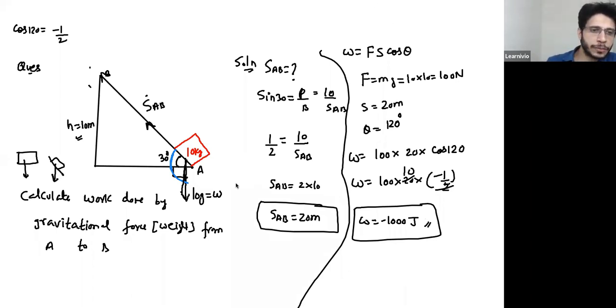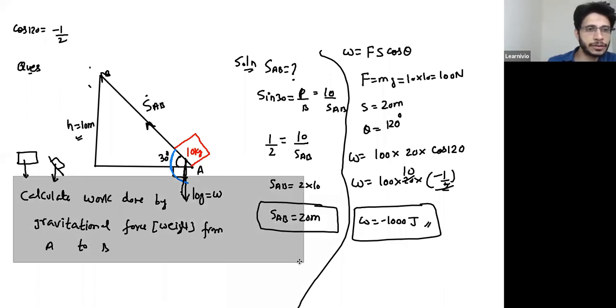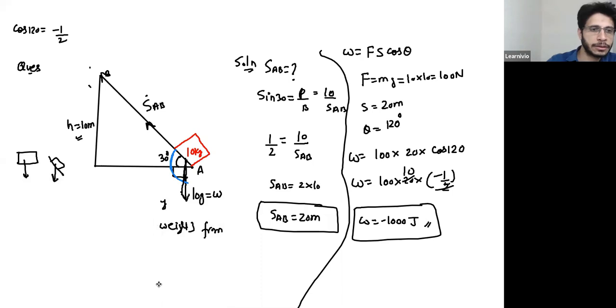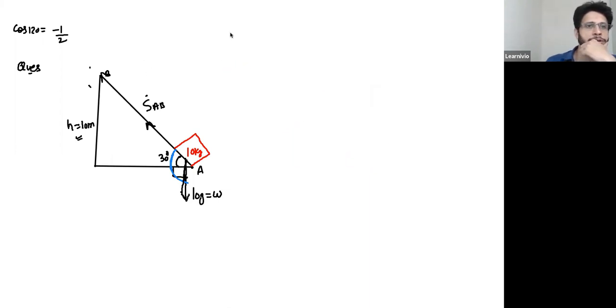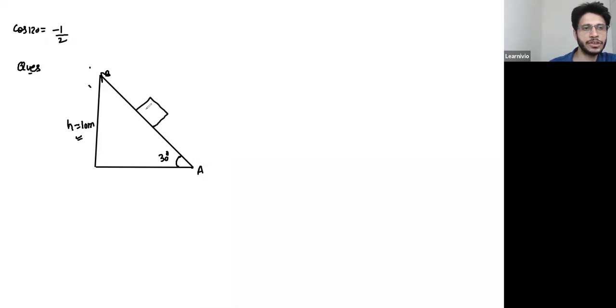We can solve this numerical using one more method, and that method is important. It's more common basically. The second method to solve this problem is through resolution of vector. Let's put this weight of 10 kg here.